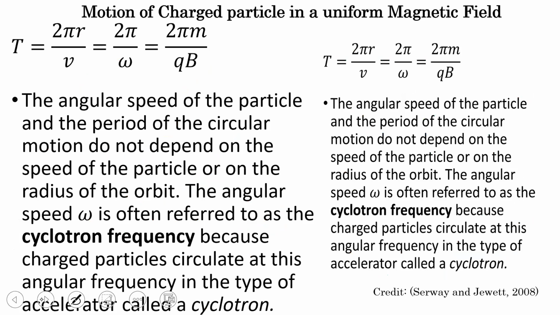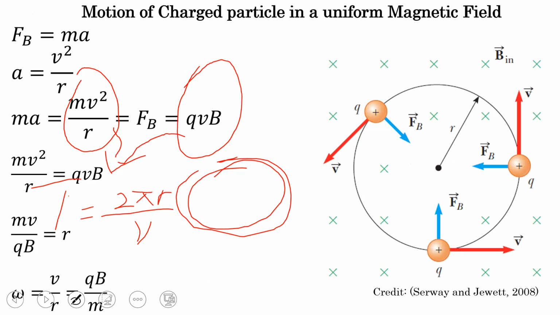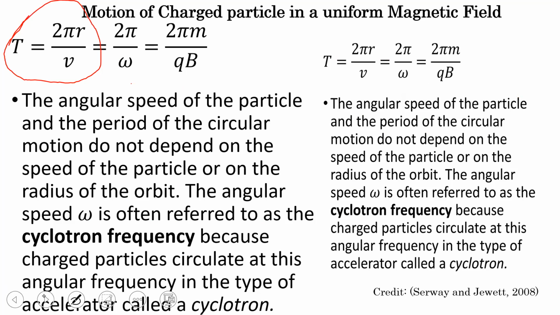So that is the origin of this expression. And knowing that r over v has something to do with omega, then we can easily say that we are replacing the r over v in this circled expression with omega. And that means that the period is equal to 2 pi over omega.